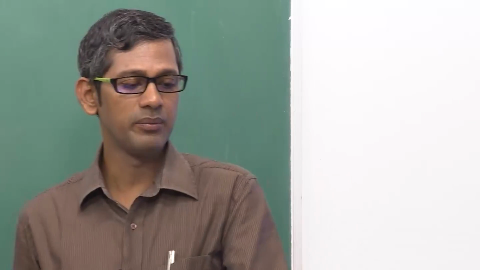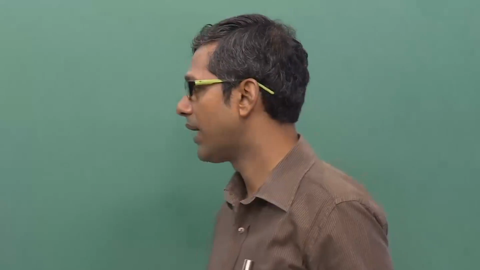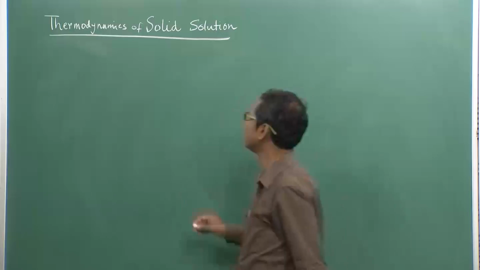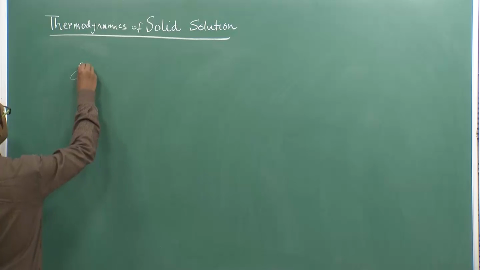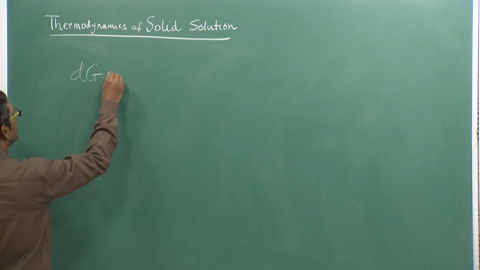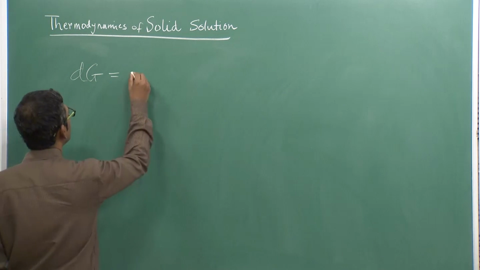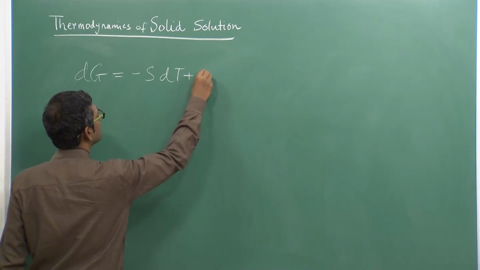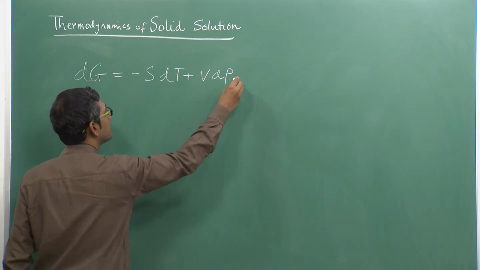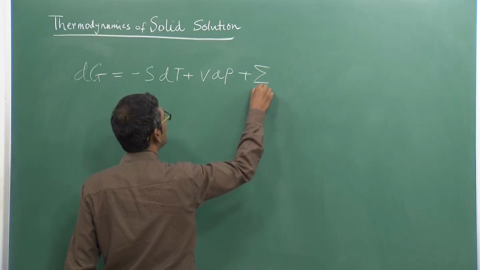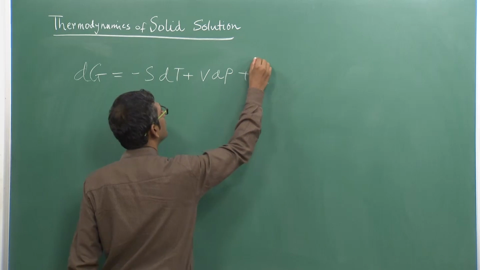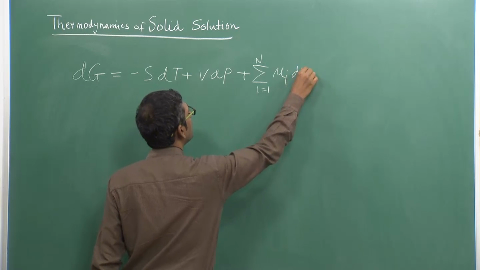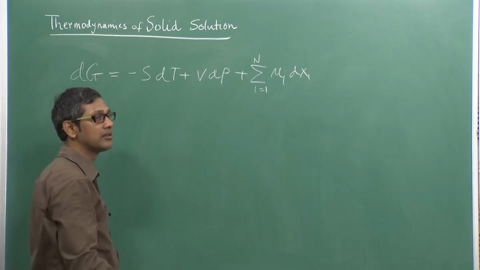Before that, let me just tell you about a few important aspects I discussed with you. One, which is of paramount importance, is that the free energy change for a solution is in general given by dG equal to -S dT plus V dP plus the summation of the chemical free energies of the system.